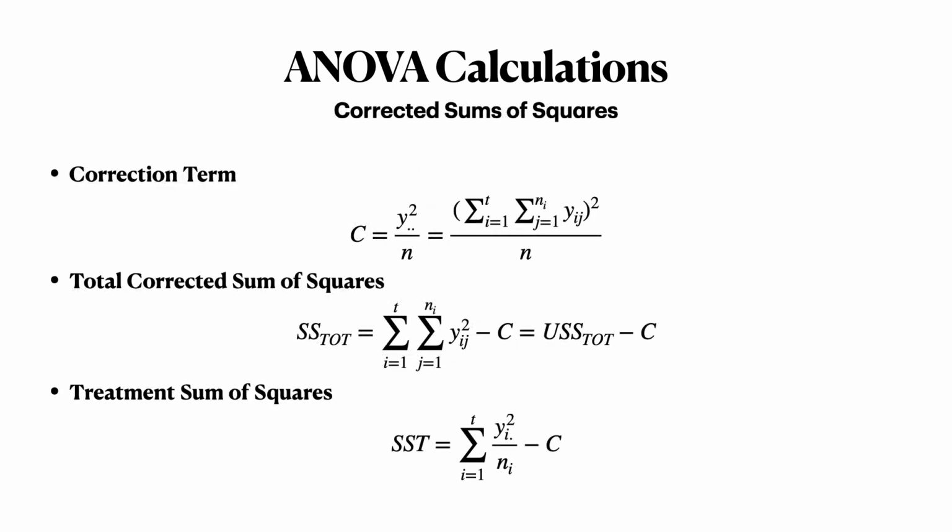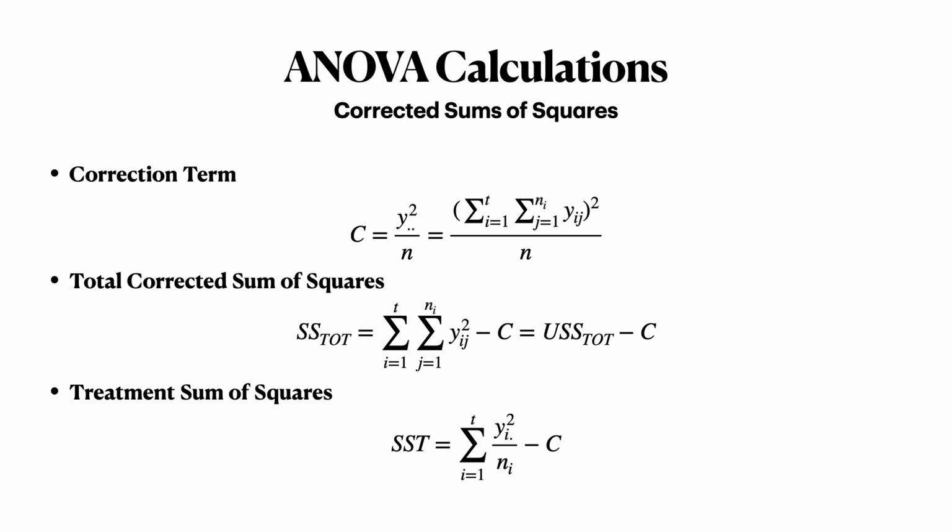Once we have the uncorrected sum of squares, we calculate the correction term, which we will denote by C, and this is equal to the square of the sum of all observations in the experiment. And then we divide that squared sum by the total sample size, n.